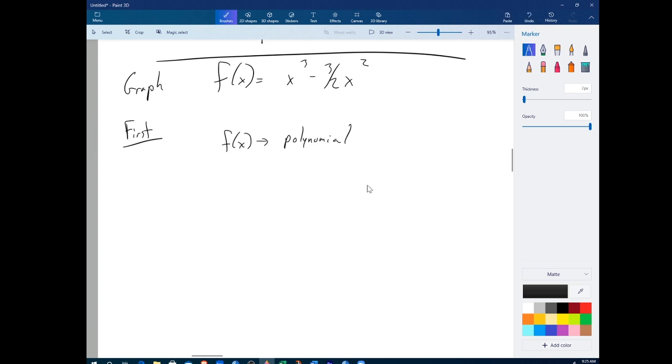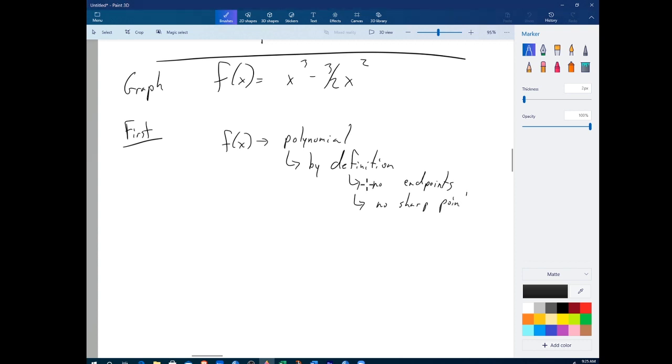Polynomial because it's got multiple terms, and those terms, the x's, have whole numbers as exponents. And polynomials, by definition, there are no endpoints, and there are no sharp points on a polynomial.